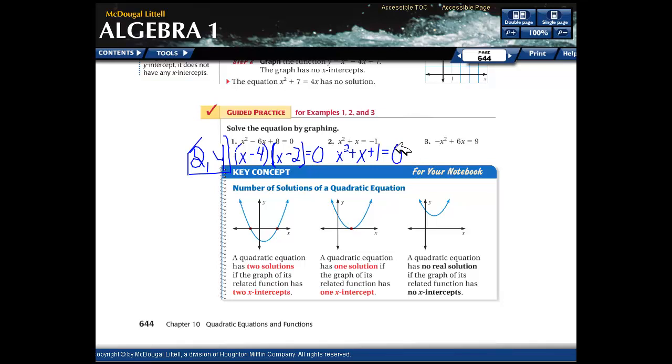There aren't any numbers that will multiply together to get 1 and add together to get 1. The only thing that you're going to get for 1 would be negative 1, negative 1. Nope. Positive 1, positive 1. Nope. So if nothing works, that is no solution. And that's what you write, no solution.